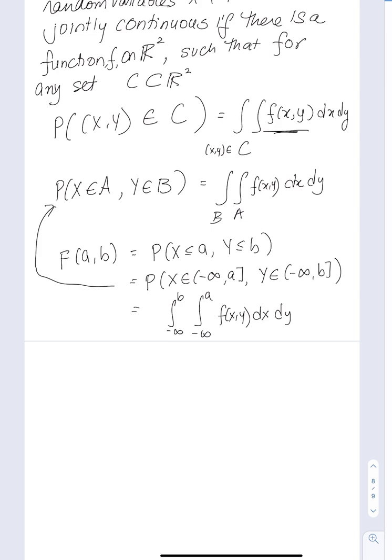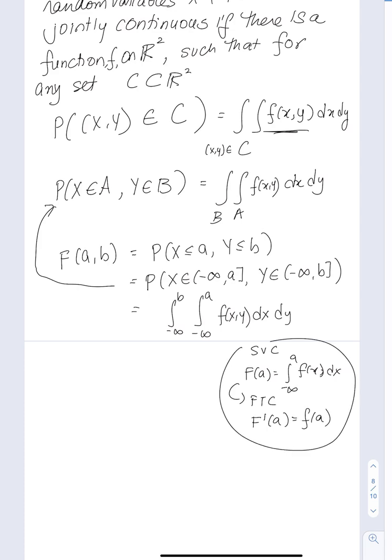Now just like we had in the single variable case, what did you have? You had capital F of a is the integral from minus infinity to a of little f of x dx, and we used the FTC and saw that F prime of a is little f of a. That was the single variable case. In this case, F of a, b is the integral from negative infinity to b, negative infinity to a, of f of x comma y dx dy.